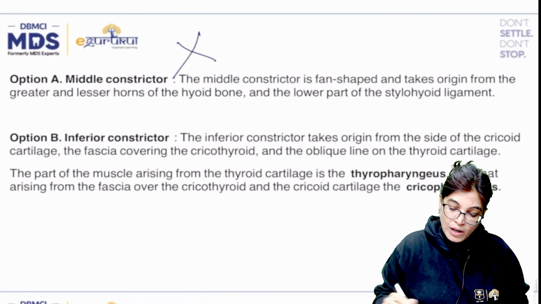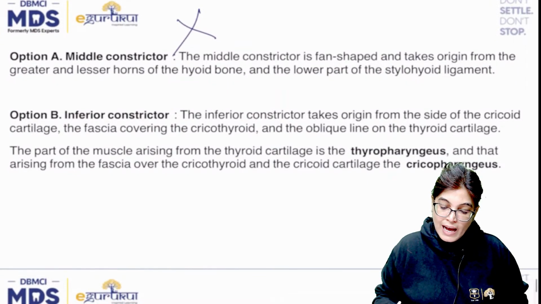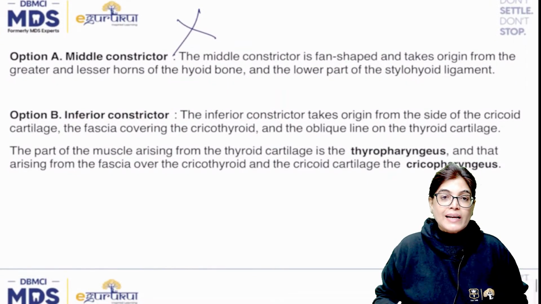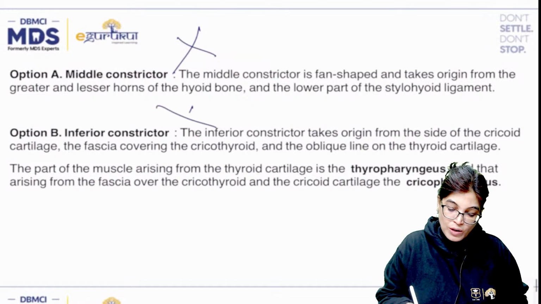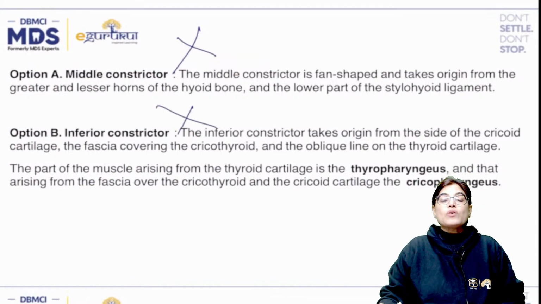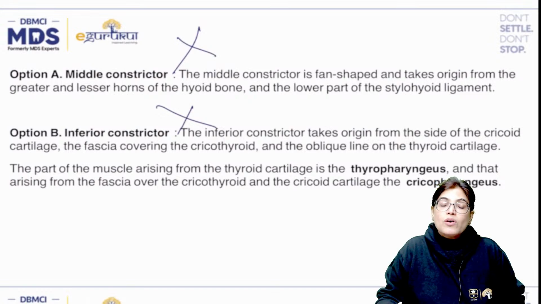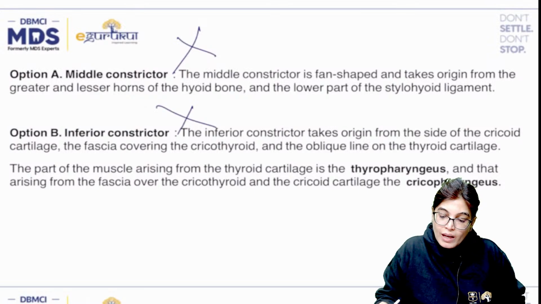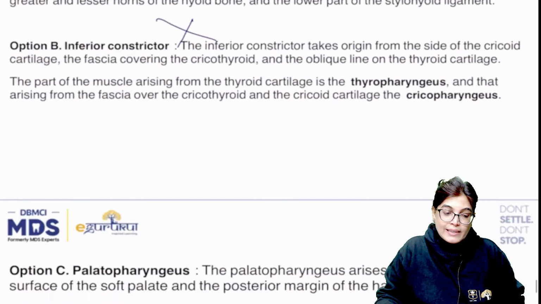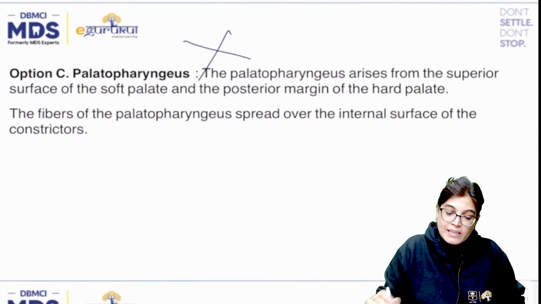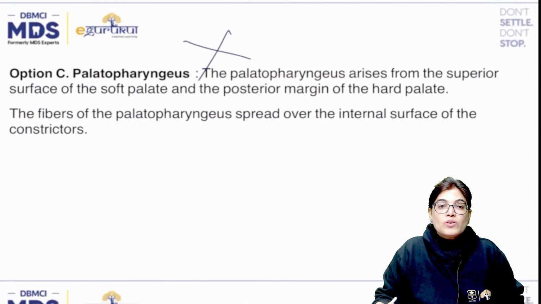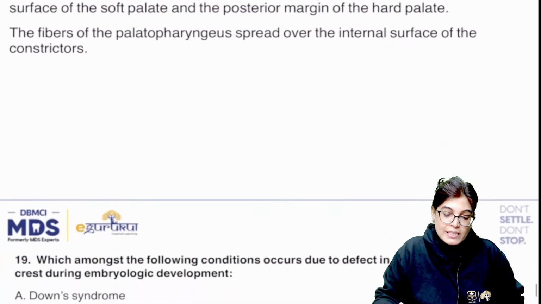Middle constrictor is not the right answer because it is related to the greater and lesser horn of the hyoid bone. Inferior constrictor muscle, having two components, thyropharyngeus and cricopharyngeus, is also not part of the buccinator mechanism. Actually, they are attached to the cricoid cartilage and the oblique line of the thyroid cartilage. Palatopharyngeus muscle, derived from the palatine aponeurosis, is also not a part of the buccinator mechanism.